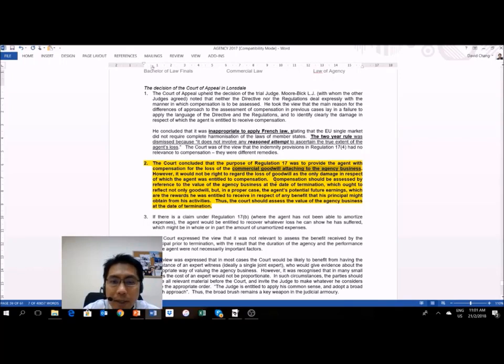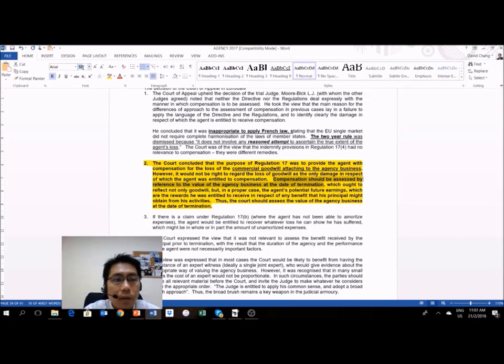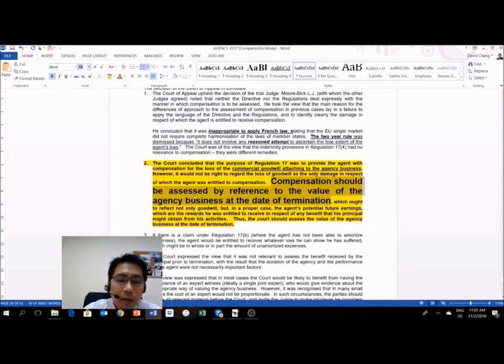And they now say this, and this last part is important, that it should be assessed by reference to the value of the agency business at the date of termination. So if you have it in your notes now, this part you want to highlight.